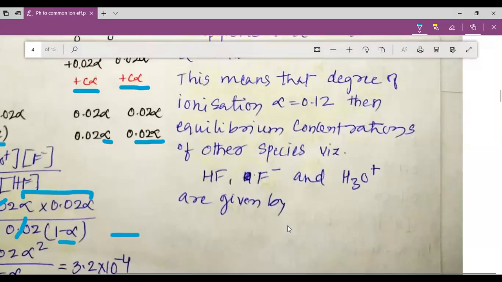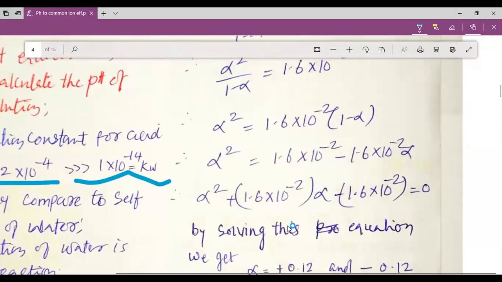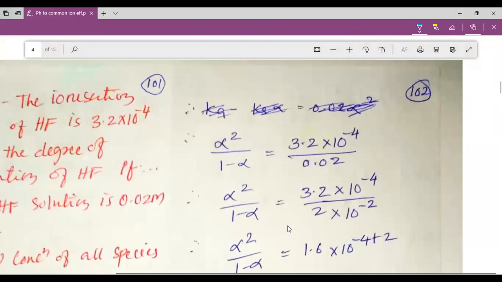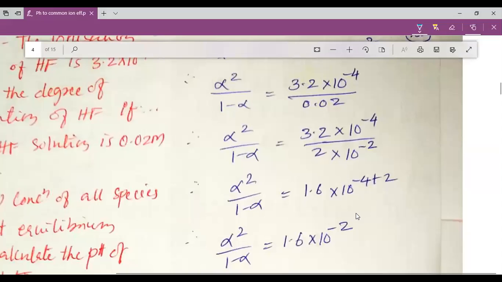As we move forward, my dear students, what happens? Alpha square divided by 1 minus alpha is equal to 3.2 into 10 to the power minus 4 divided by 0.02. For 0.02 we write 2 into 10 to the power minus 2.